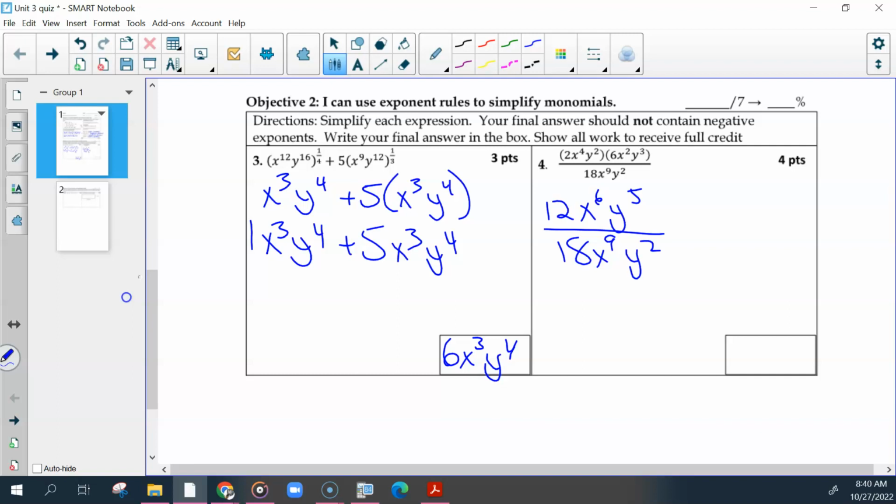So you should have divided the numbers 12 over 18 to get 2/3, subtract your exponents. 6 minus 9 will give you a negative 3. Some of you wrote this out first, which was fine. And then 5 minus 2 would be 3. And then the x would get moved to the denominator. So 2y to the third all over 3x to the third.